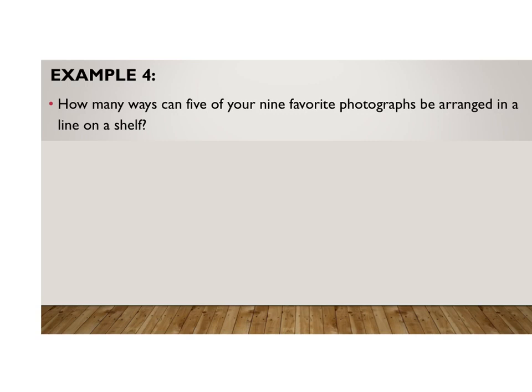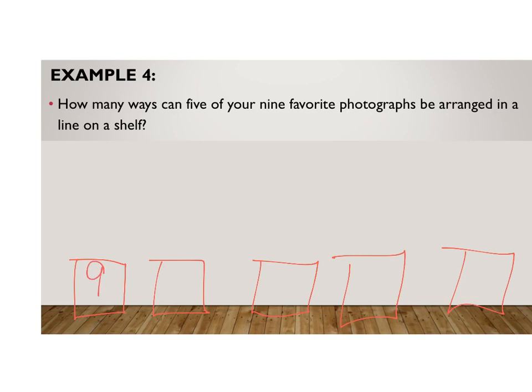Okay, I have 1 picture slot, 2, 3, 4, and 5. Well, I have 9 ways to choose the first one. I have 8 ways to choose the second. I have 7, and then 6 and 5.